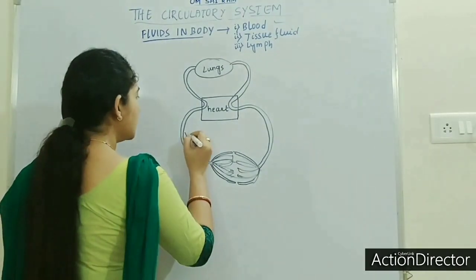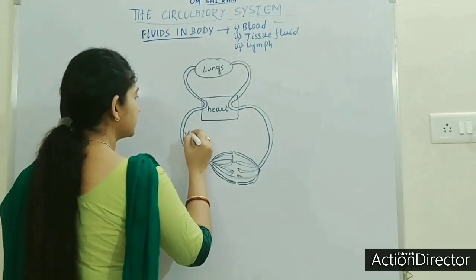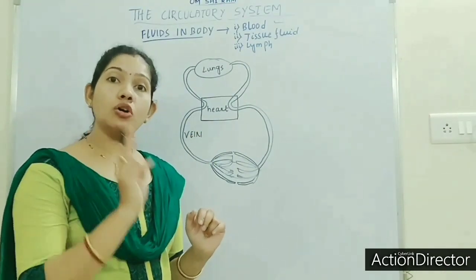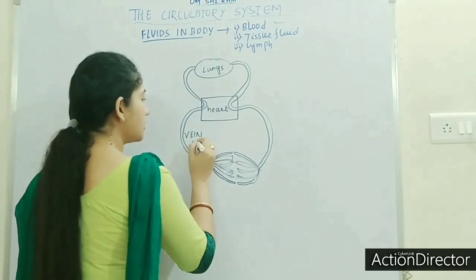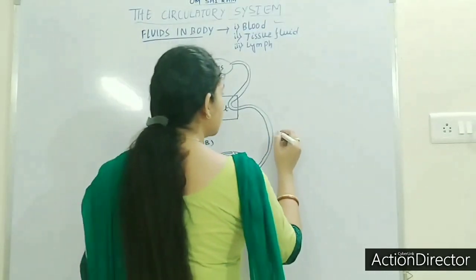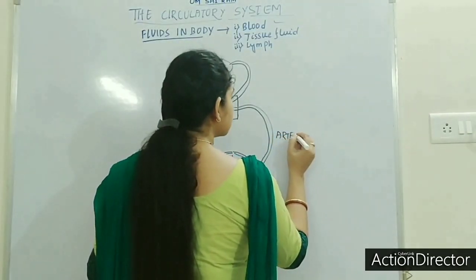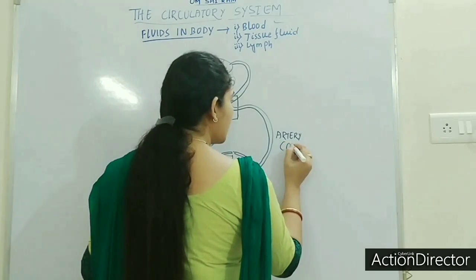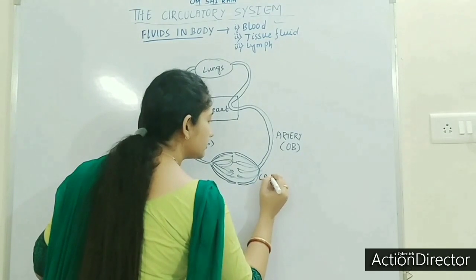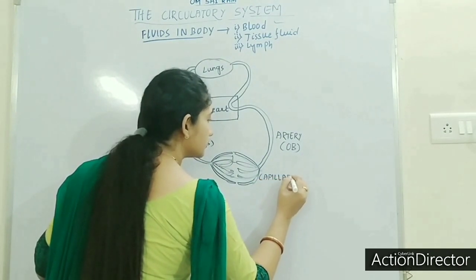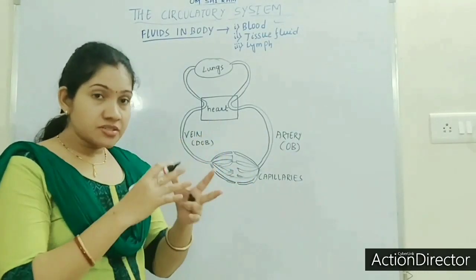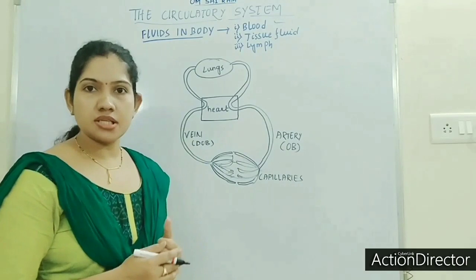Okay. So this is a vein. It connects both the deoxygenated and oxygenated blood.